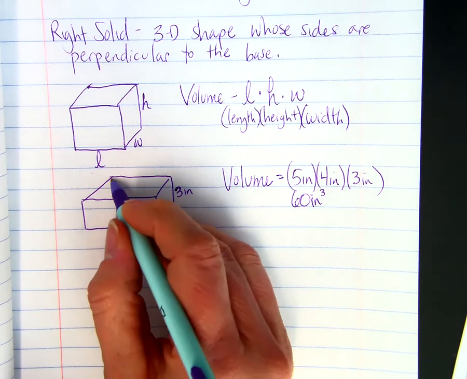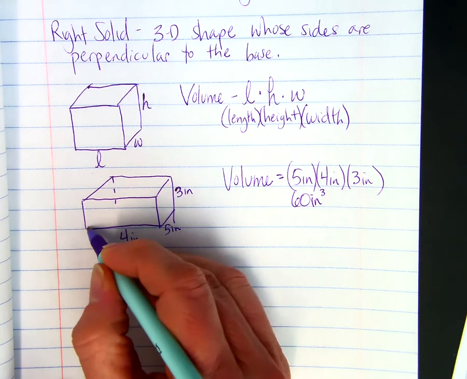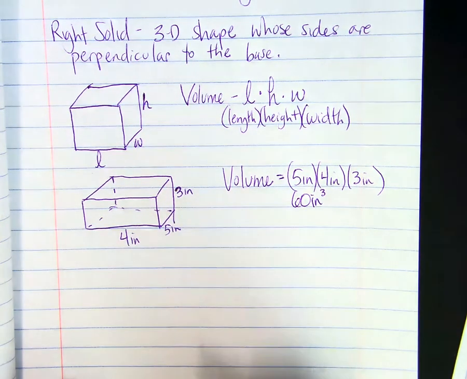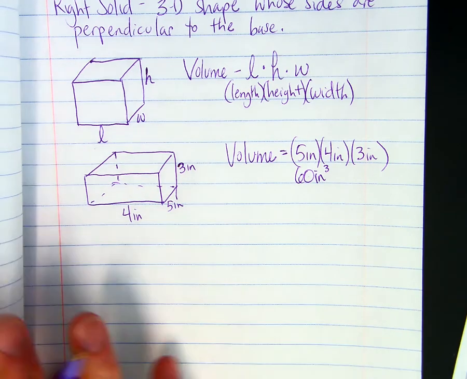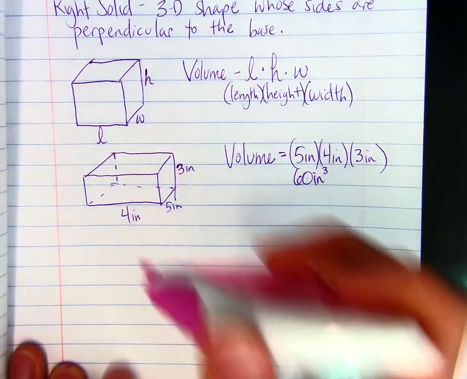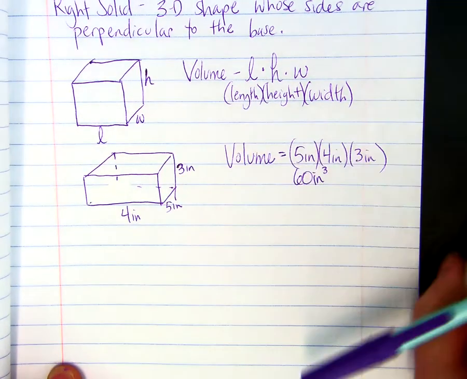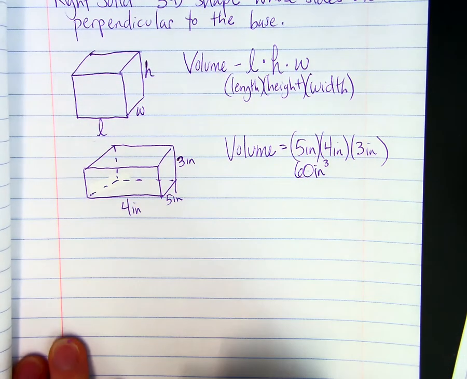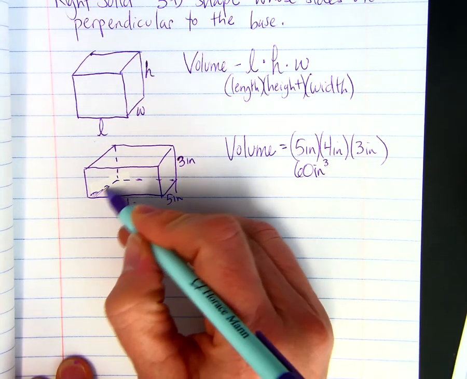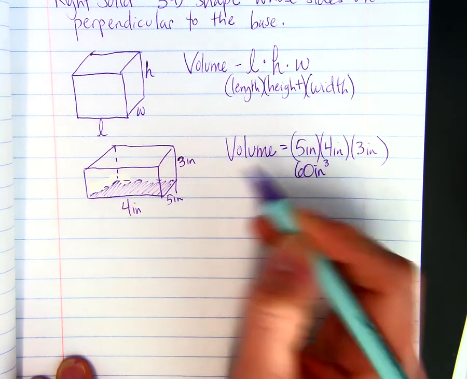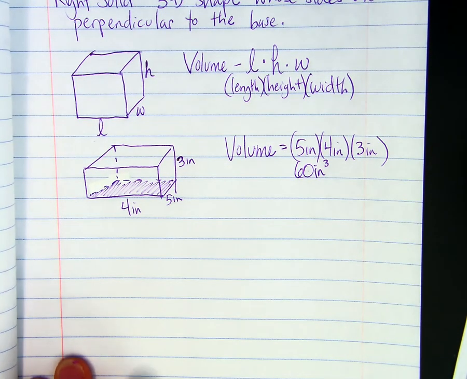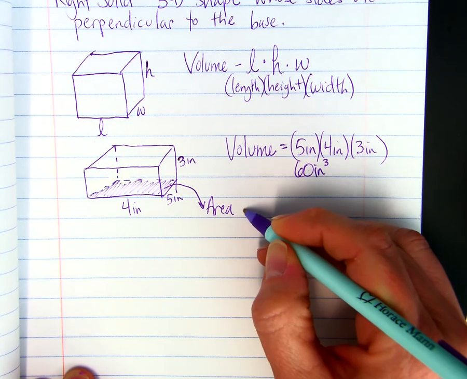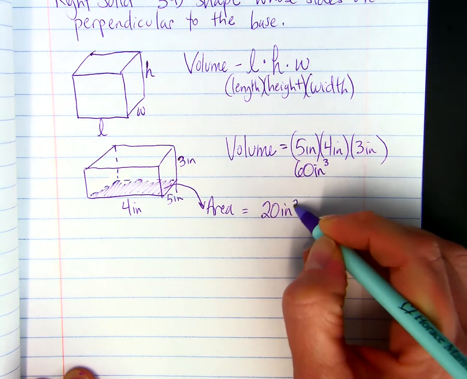Now if we just looked at the base, I'm going to draw in a few dotted lines. If we just look at this base right here, the 4 by 5 rectangle, you can see that the area of that base is 20 inches squared.